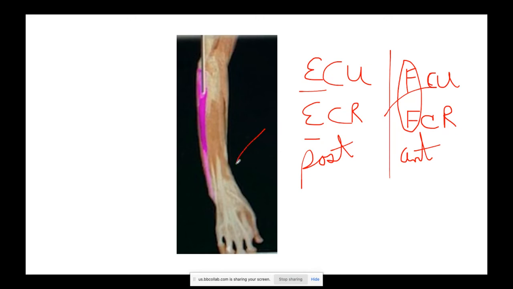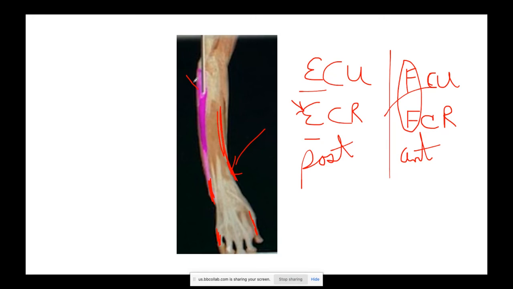So if we're looking at the posterior here, this is the back of the hand, and this one is crossing the carpals, and it's on the ulnar side because this is the pinky. Here's the thumb, so this is the radial side. If it was a belly on this side, then it is the extensor carpi radialis.